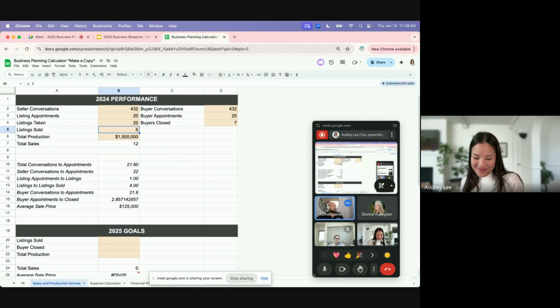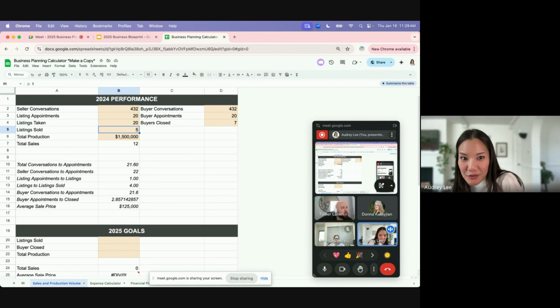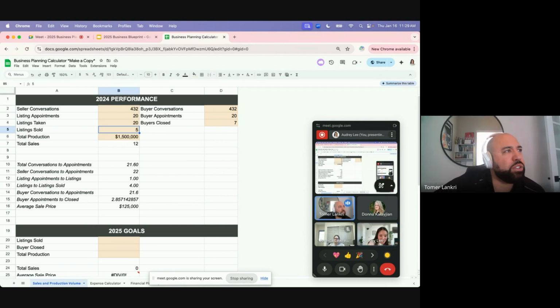So what we have here, coop listed, sold. That's buyer representation, I guess. Do you have the number of buyer presentations you went on? So buyers.